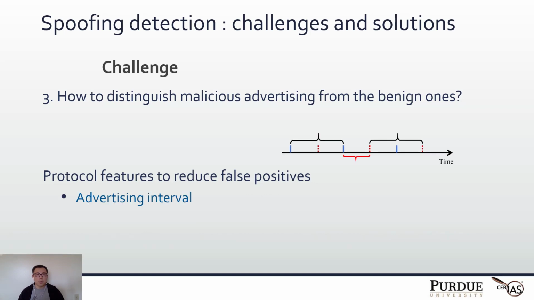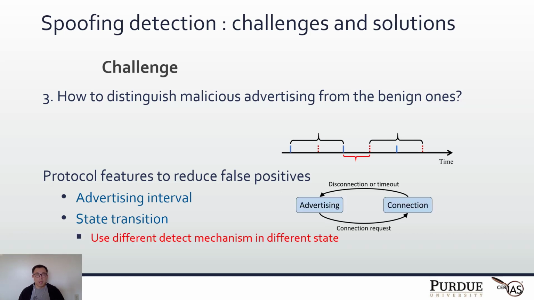It's quite straightforward to understand that if both the malicious and benign devices are advertising at the same time, the observed advertising interval will be much smaller than the original one. We also leverage the state transition of the BLE device. We use different detection mechanisms when the device is in different states.